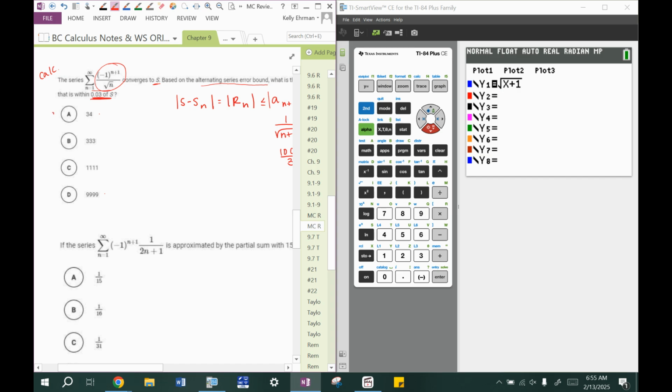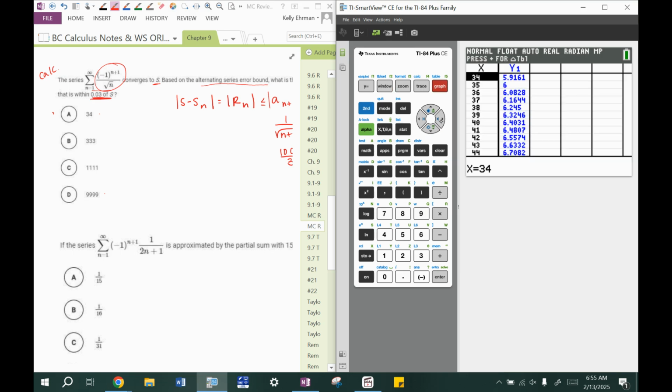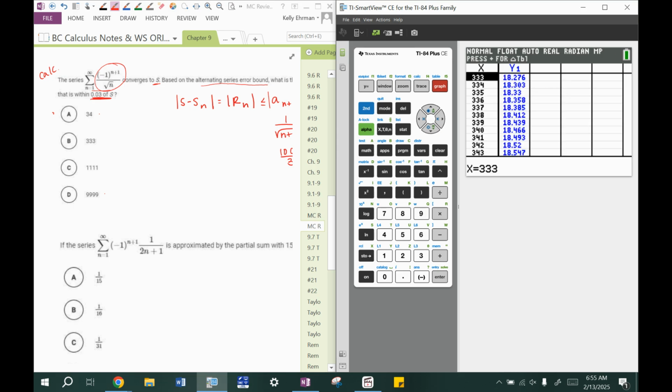So start here. How do I quickly get to this value in the table? I can go to second window and type in 34 and then second graph. This is not it. I need 100 over 3, which is 33 and a third repeating, right? So that's not it. Skip to 333. That's not it.